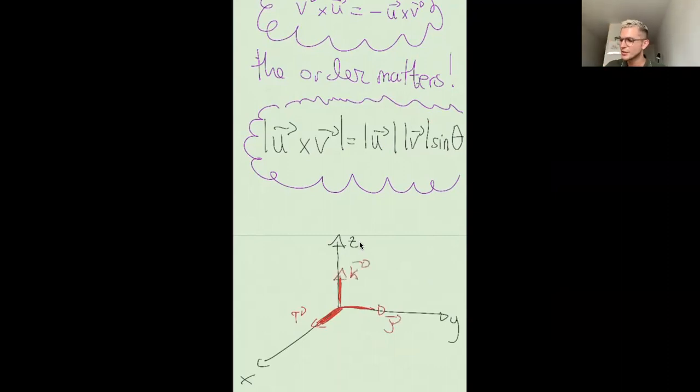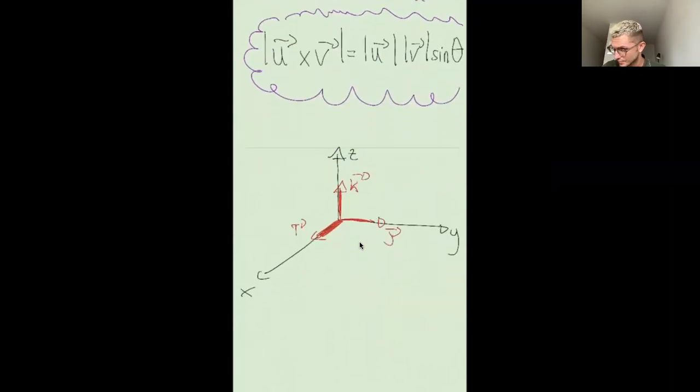So what do you think, for example, i cross j would be? It is k, right? Because again, let's say the x-axis is pointing this way on my screen. So it's i cross j, and you see my thumb pointing up. So it gives you k.